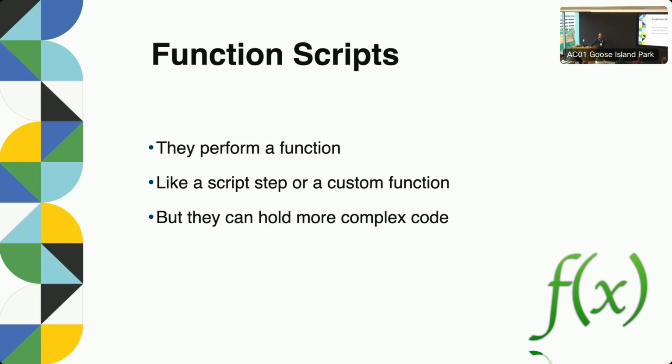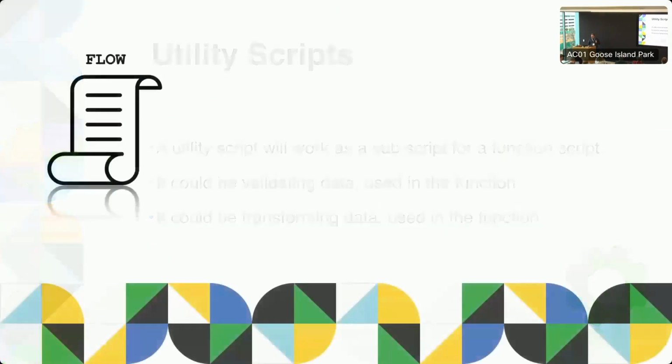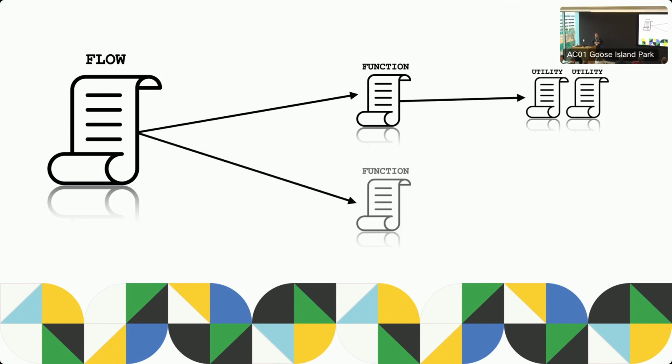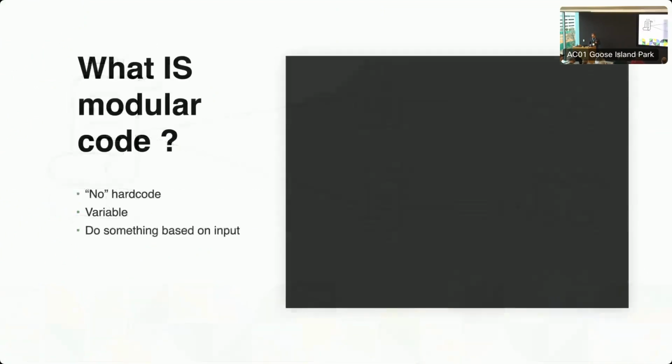And you can write them to your needs and your likings as well. We all have preferences to this. And like I said, the utility script will work as a subscript, kind of, which could, for example, be transforming data. So the idea is that everything starts from a flow script, and then utilizes a function script that might utilize some other utility scripts along the way, right? So that's the idea.